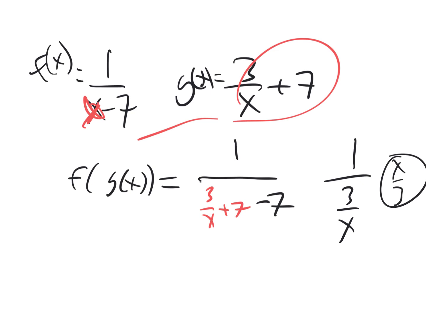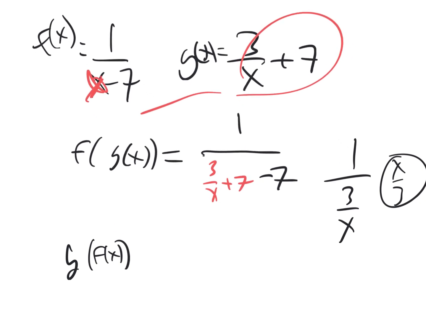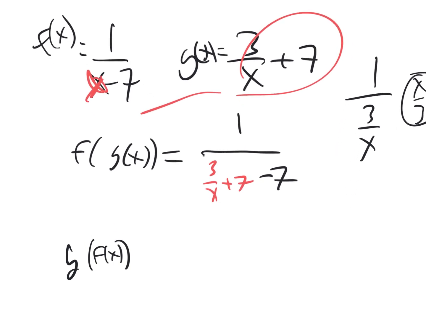And then if we do it the other way, g of f of x. So we're going to say 3 over the quantity plus 7.